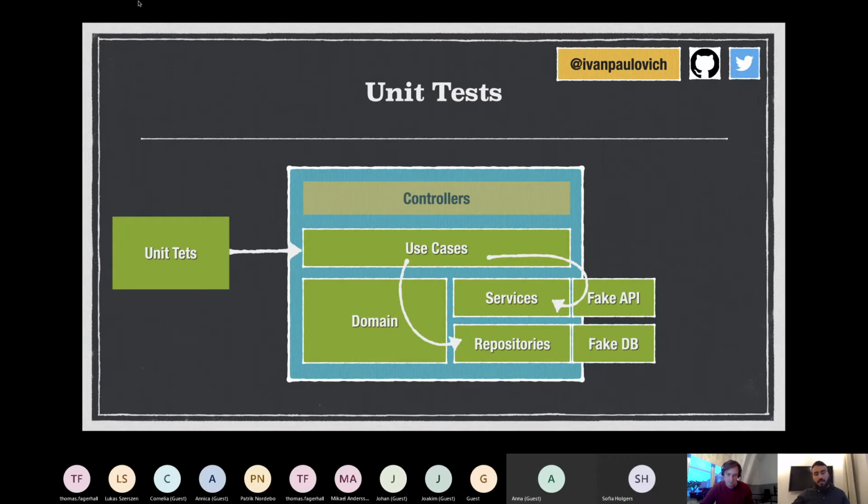So they don't go to the database, they don't go to external services in the cloud, and they target the entry points of your business logic. And that is one point that I learned after experimenting in many ways.